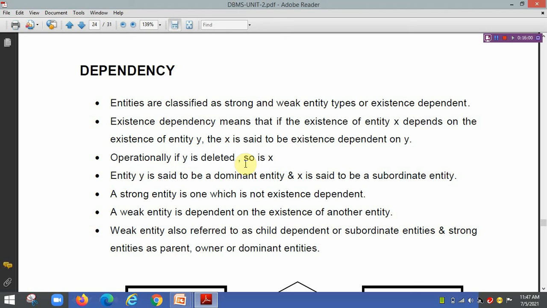That means the entity which has no existence of its own is called a weak entity, and the entity which has its own existence is known as a strong entity. A weak entity is also referred to as a child or subordinate entity, and strong entities are parent, owner or dominant entities.